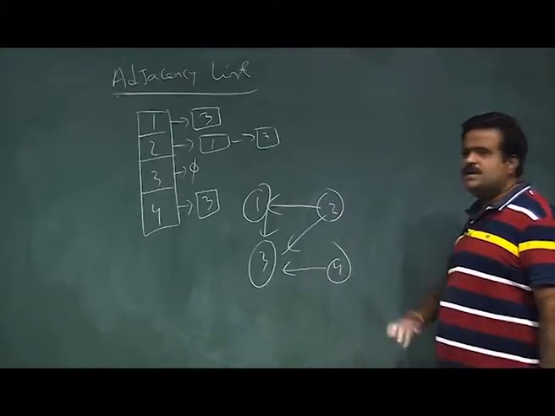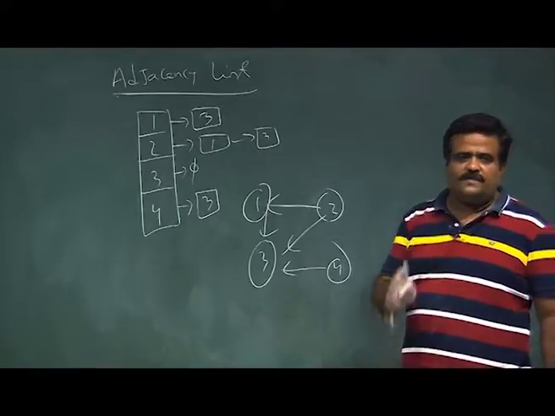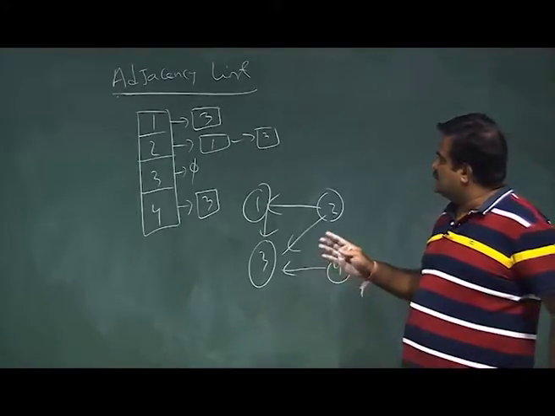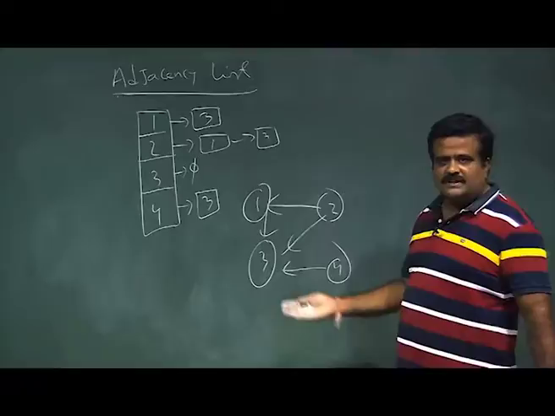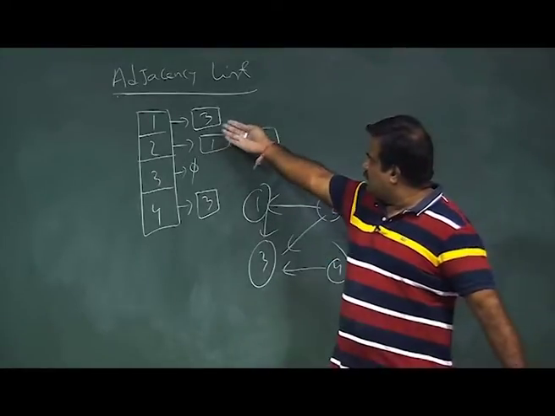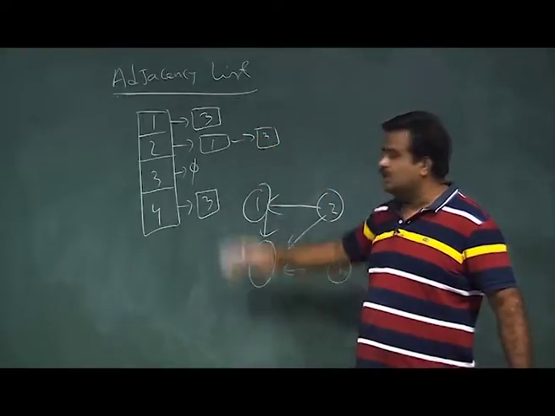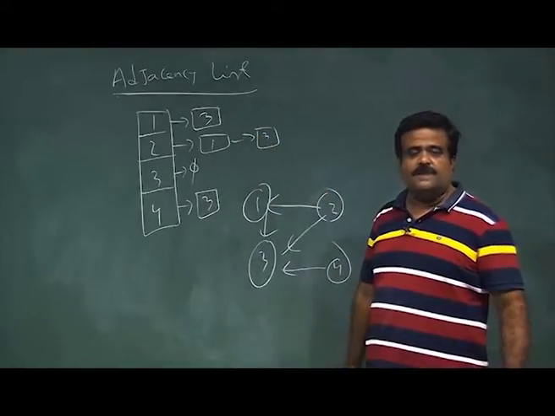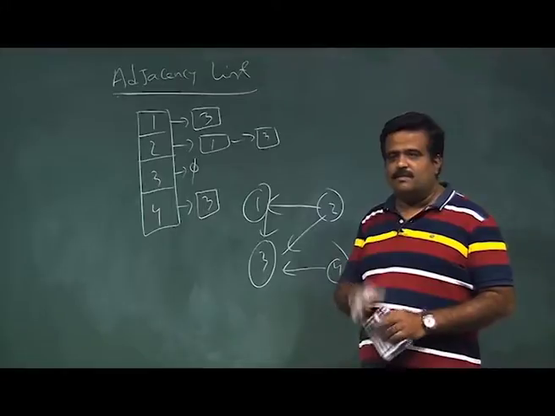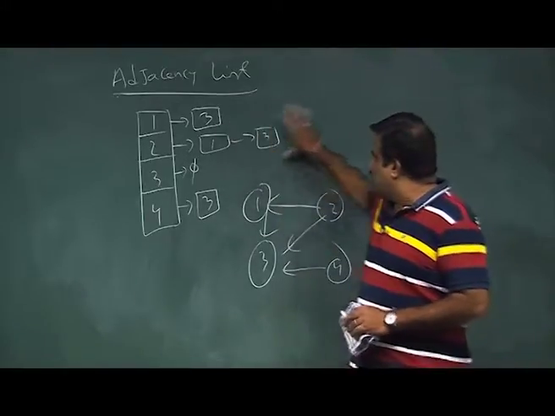This is good if our graph is a sparse graph, because in that case we have only a few vertices, so the list contains a small number of nodes. So, that way it is good, but if the graph is dense, if there are more edges, then this will be a huge list.